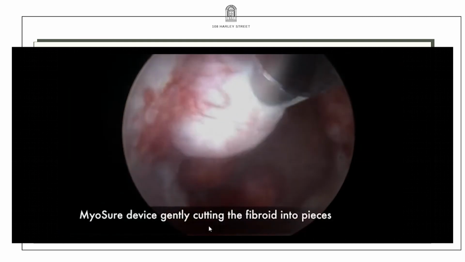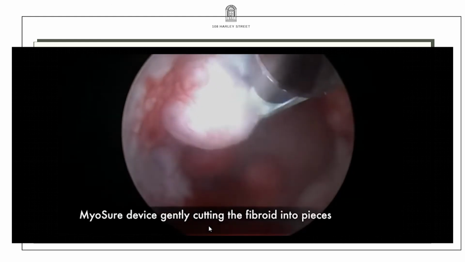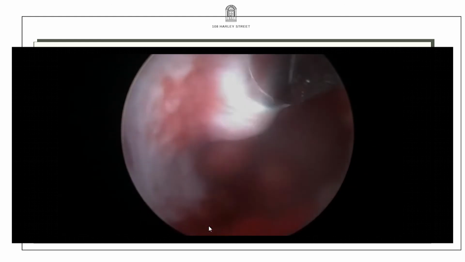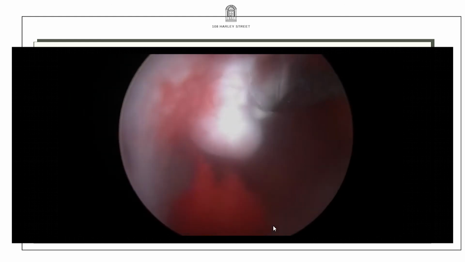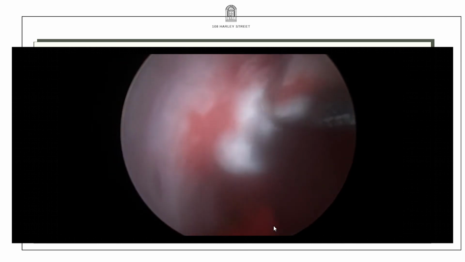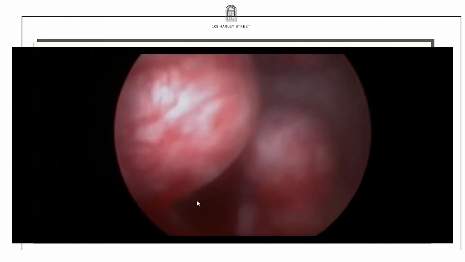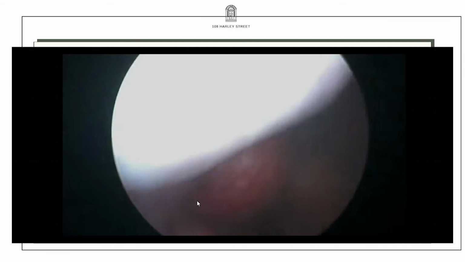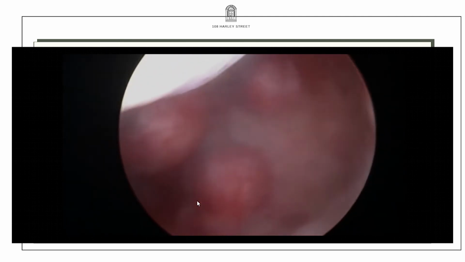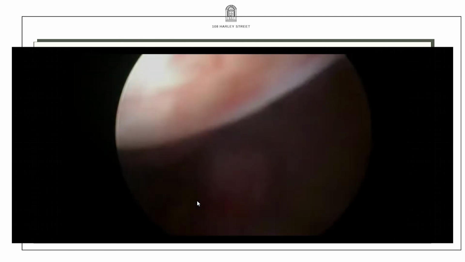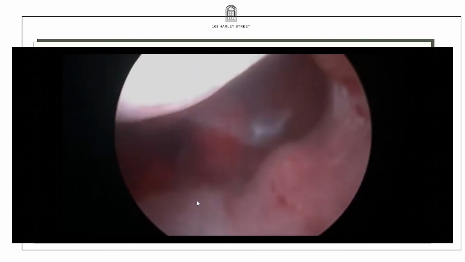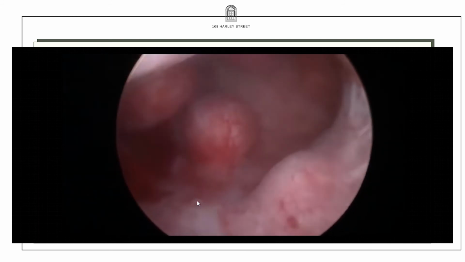When there are many fibroids, MyoSure is a better technology to clear the submucosal fibroids, because it doesn't leave any residual tissue floating in the uterine cavity. Also, the surrounding endometrial damage with MyoSure is extremely low compared to the traditional electrical heat energy.